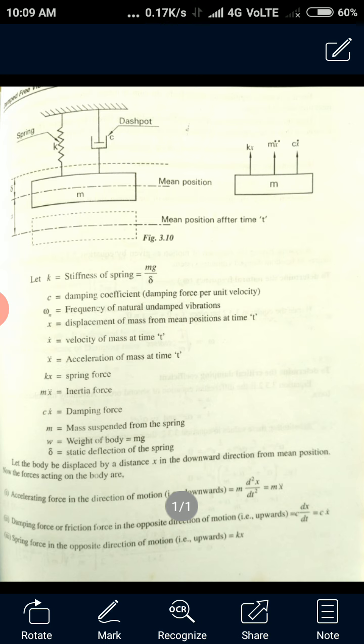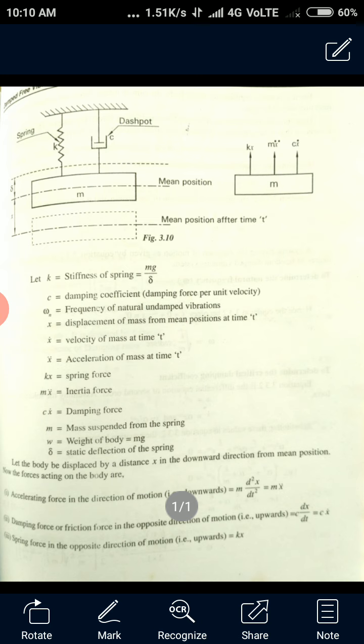During that time, what are the forces acting on the system? The forces acting on the system are of three types. One is the spring force due to the spring, that is kx, which acts upward as you can see in the free body diagram. Next, the inertia force, because when there is a mass there will be acceleration.